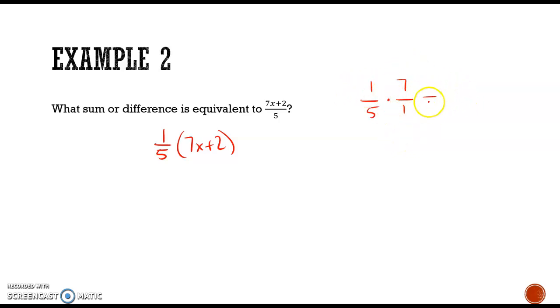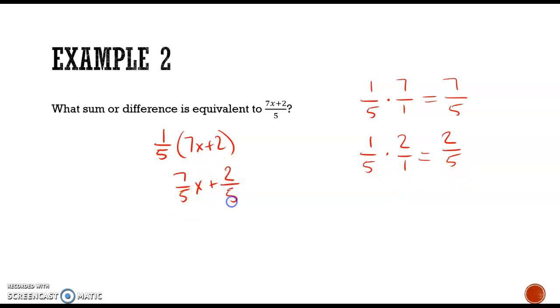Then we multiply just straight across. So we're going to end up with 7/5. So we're going to have 7/5 x plus, and it's the same thing, 1/5 times 2 over 1 is going to equal 2/5, because 1 times 2 is 2, 5 times 1 is 5. So we end up with plus 2/5. And so then that would be an expression equivalent to 7x plus 2 divided by 5.